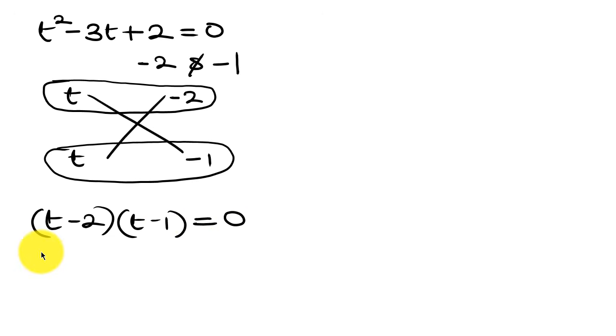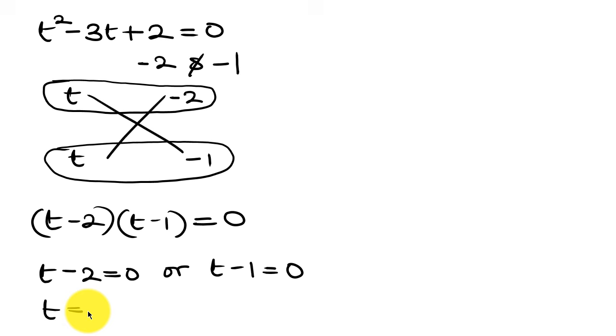So the values of t from here, let's just write it in 2 cases, which is t minus 2 will be equal to 0, or t minus 1 is equal to 0. Now from the first case, t will be, as -2 crosses, it becomes positive. Now for the second case, t will be, as -1 crosses, it becomes positive.